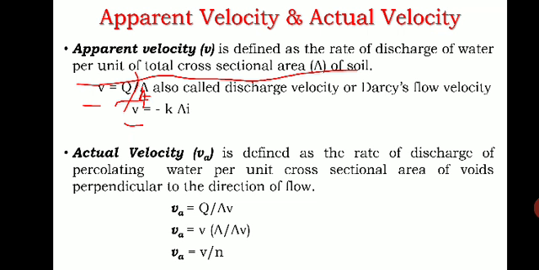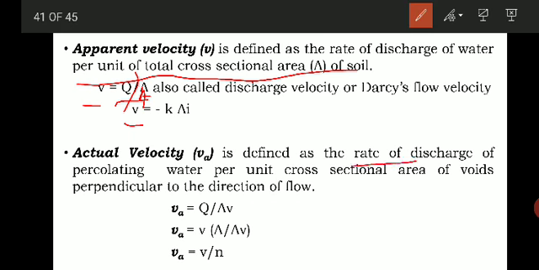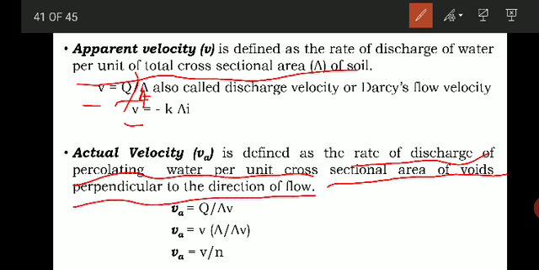Then one more definition you must know, that is actual velocity. What is Va? Va is the actual velocity. This velocity is defined as the rate of discharge of percolating water per unit cross-sectional area of the voids perpendicular to the direction of the flow. Here the area of cross-section of the voids perpendicular to the direction of flow is very, very important.